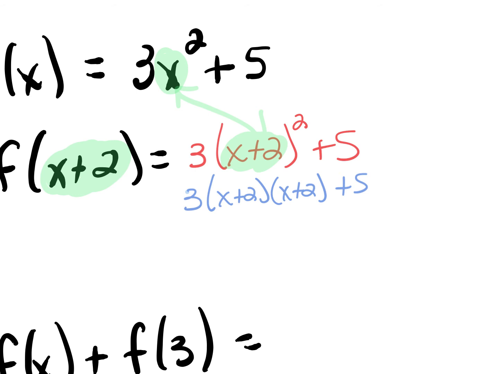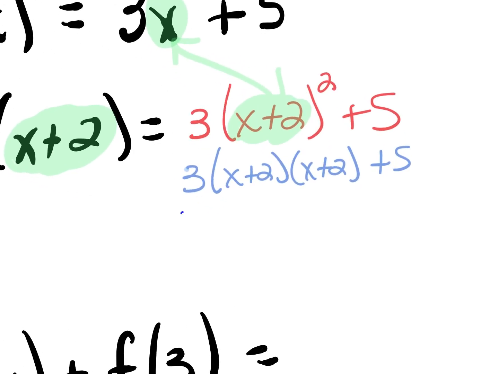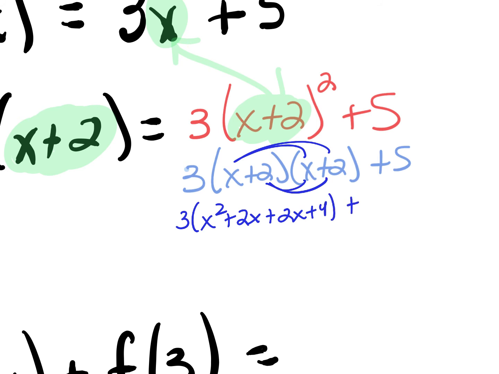We have to make sure that we simplify in the correct order. So when we FOIL this, I have x times x is x squared, x times 2 is plus 2x, 2 times x is plus 2x, and 2 times 2 is plus 4. And then this plus 5 is on the very end. That's the last thing that we do.